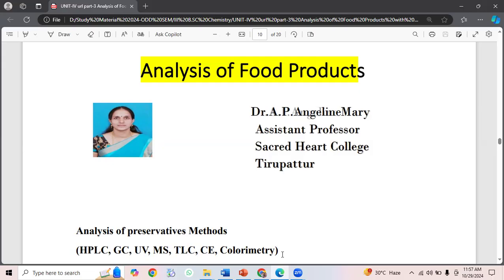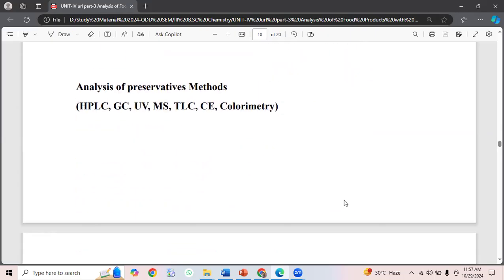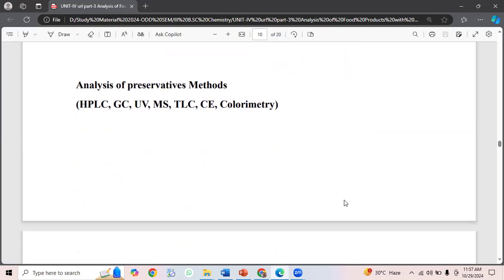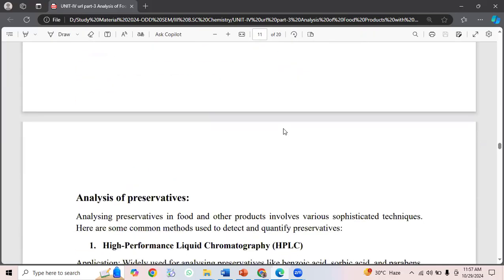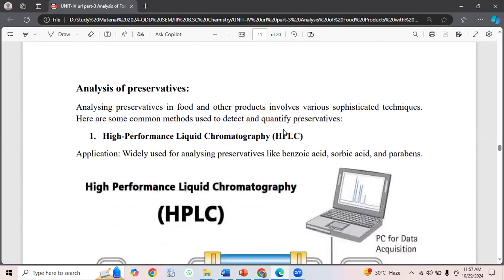In this video, we are going to analyze preservatives by using instruments: HPLC, GC, UV, MS, TLC, CE, calorimetry. By using various types of instruments, we are going to analyze the preservatives. The first topic is analysis of preservatives.